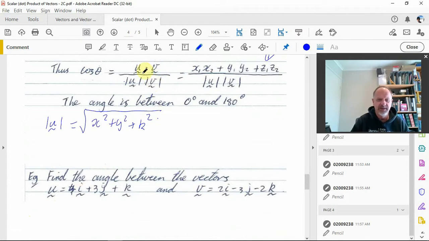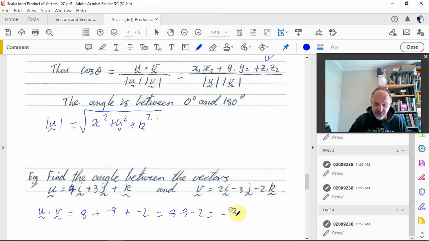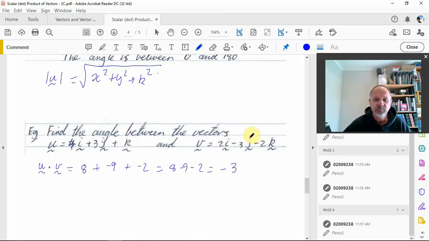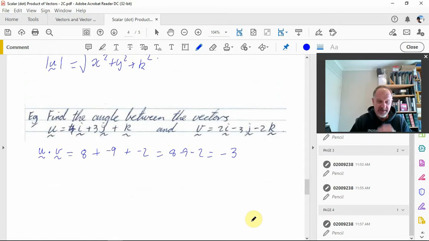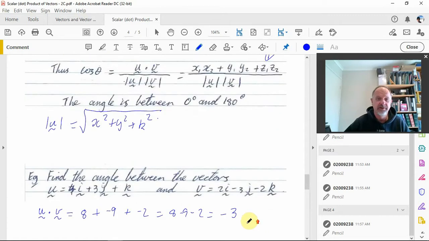My dot product, using the algebraic method, 4 times 2 is 8, plus 3 times negative 3 is negative 9, plus 1 times negative 2 is negative 2, which is 8 minus 9 minus 2, which is negative 3.